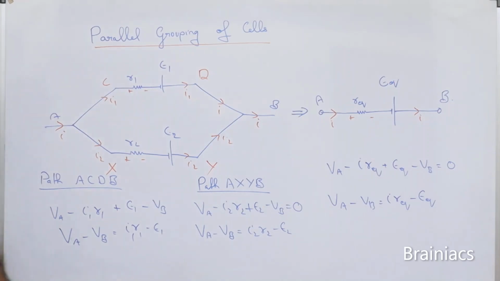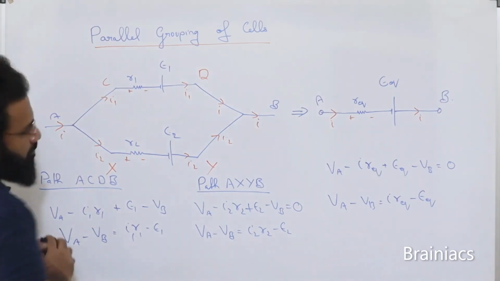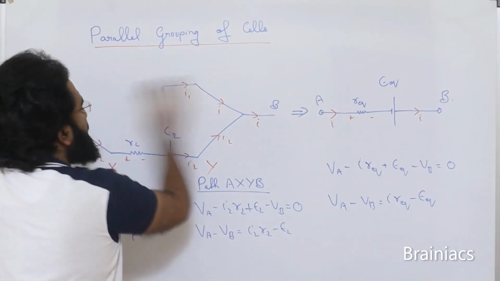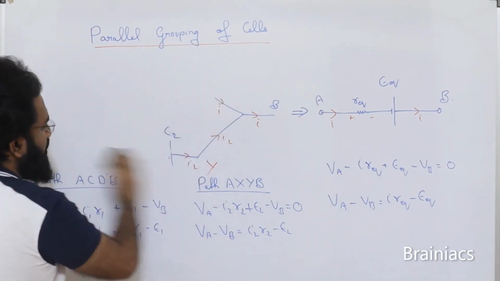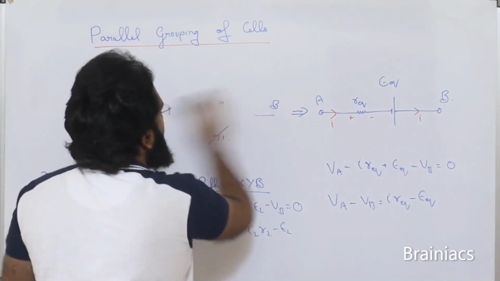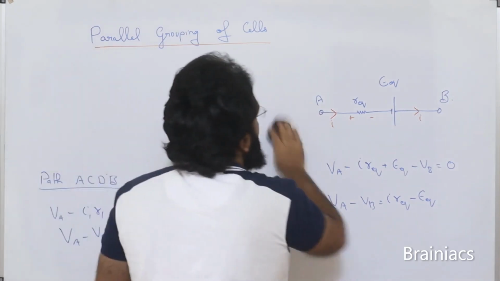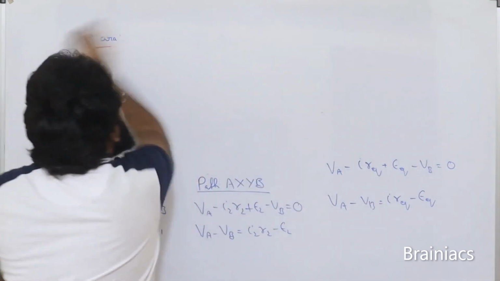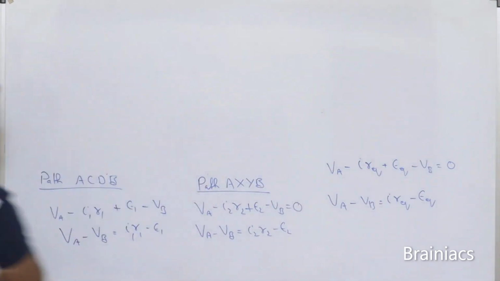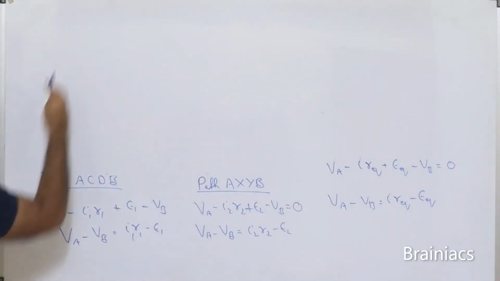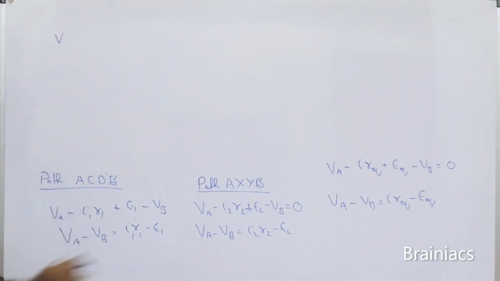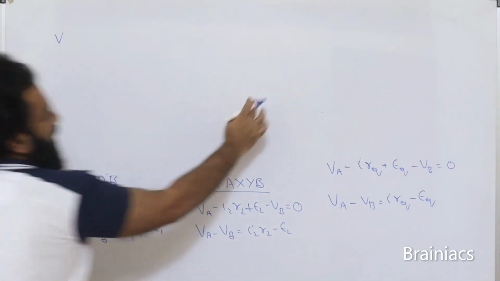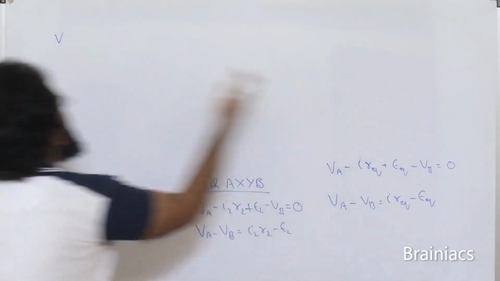Okay, done. Now I am erasing this. Suppose if we consider VA minus VB as V, the potential across this branch, and the other branch, all are same terminal.